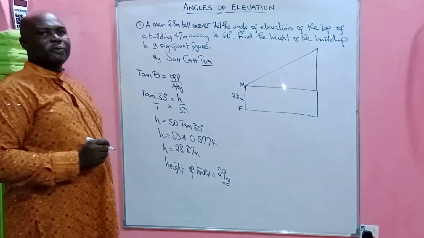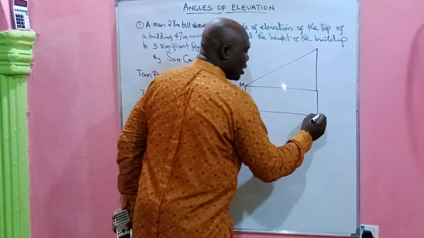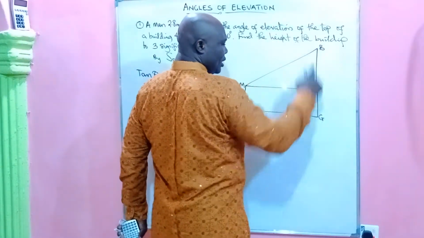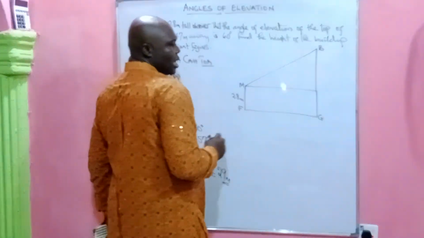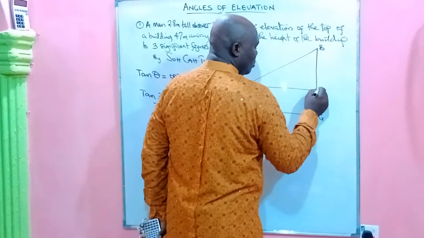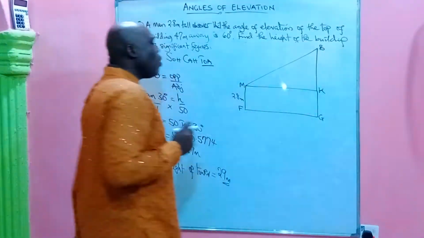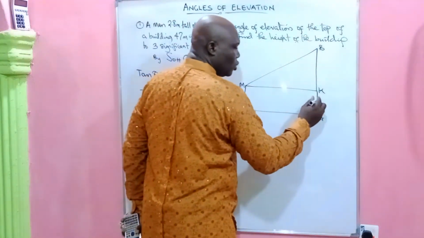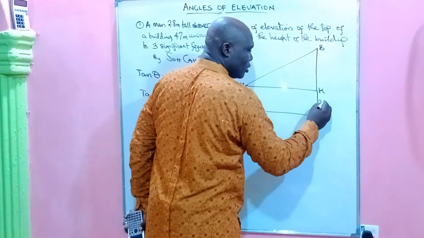This is where the man's foot is. So this is the ground level, and that's the building. So this is the building and the ground of the building. And let's say this point can be, let's say, K, point K. Now understand that if this is 2.8 meters, here also will be 2.8 meters.